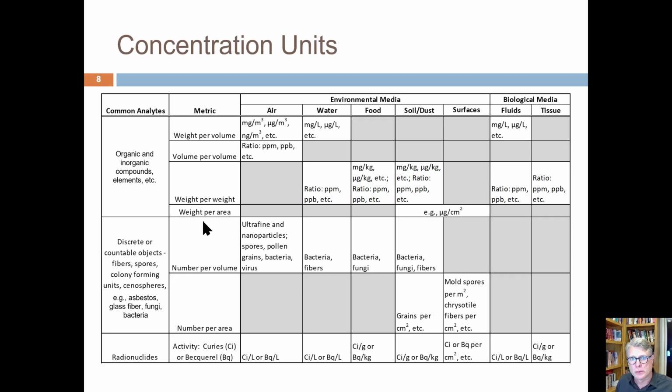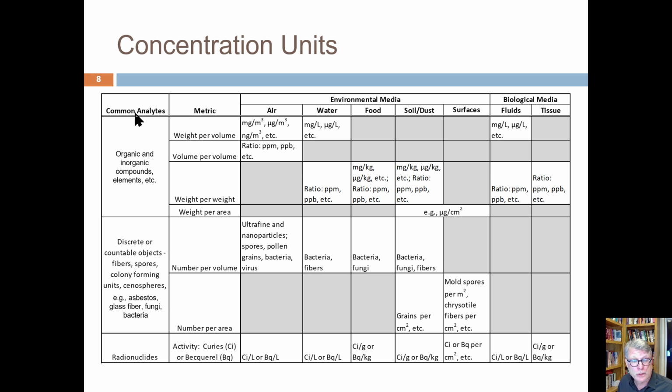So let's take a quick look at concentration. Here we're just going to briefly examine the types of units that one encounters for expressing concentrations of stressors in environmental health. This table has a lot of cells, obviously, and there's a lot of information in here.